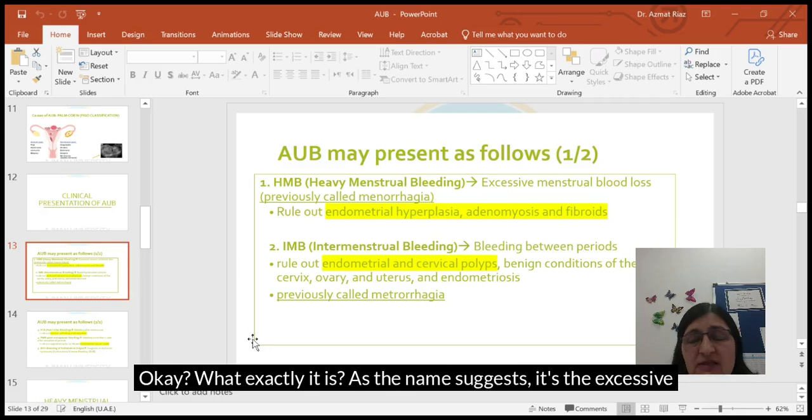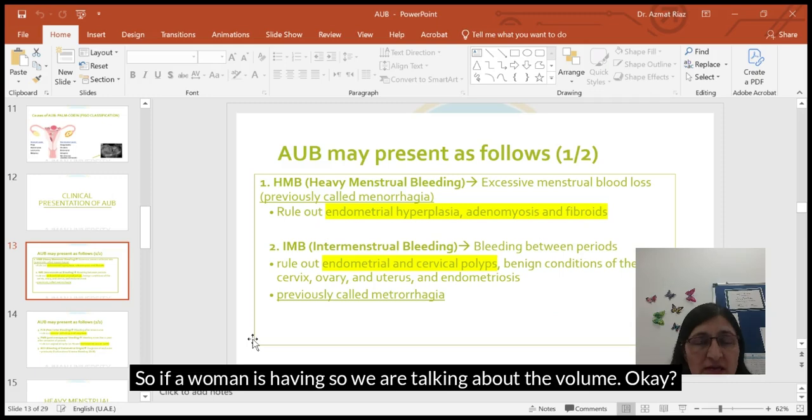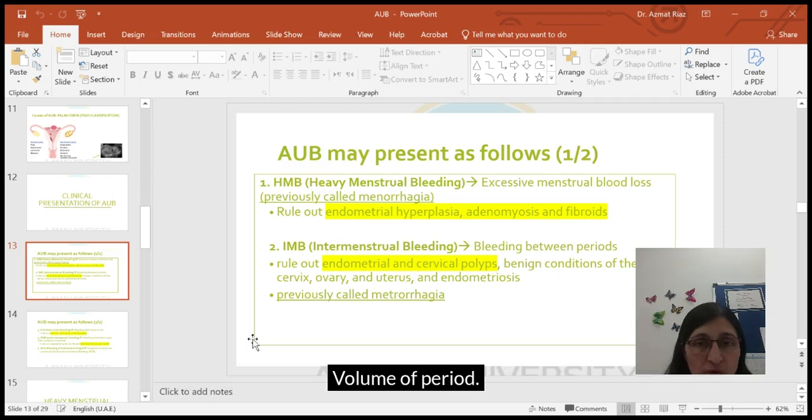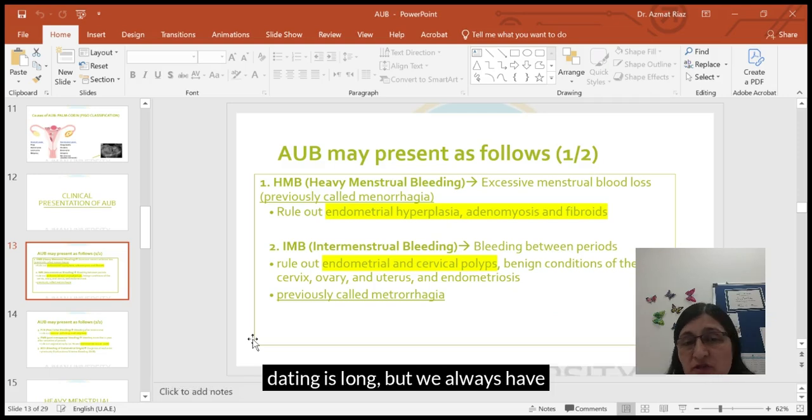As the name suggests, it's the excessive menstrual bleeding. So we are talking about the volume of period.